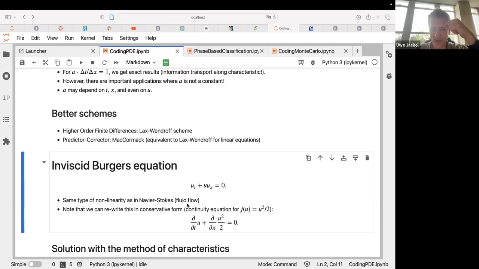Yeah, so I told you we can derive this from the continuity equation that we have derived. Let me show the continuity equation again.